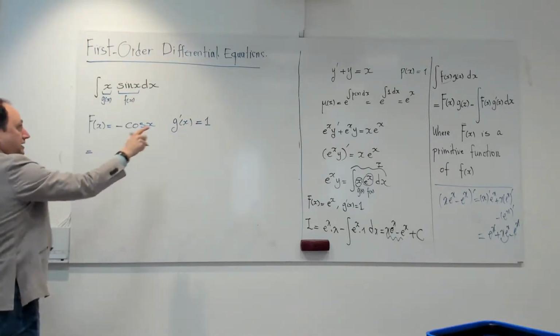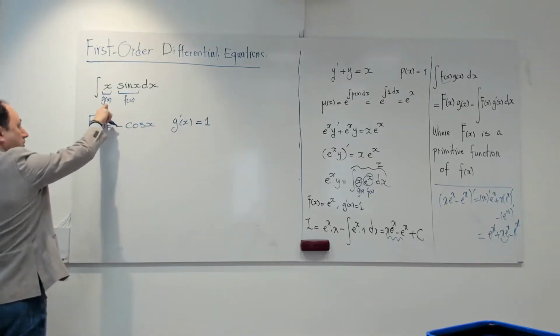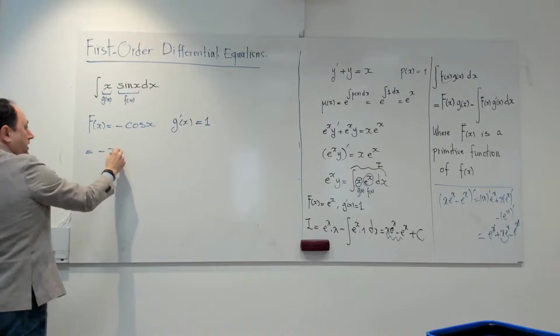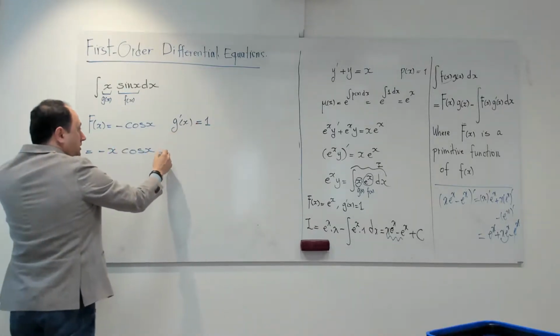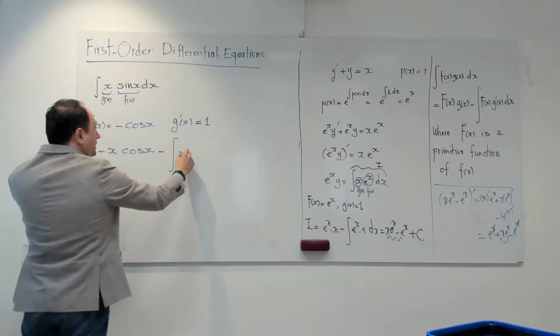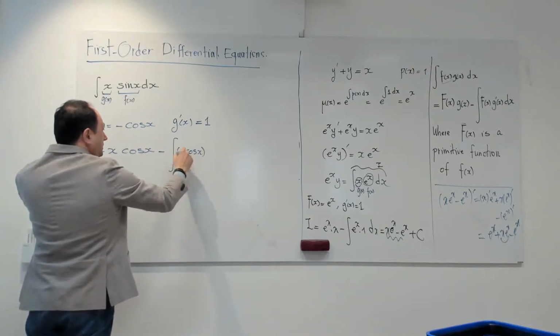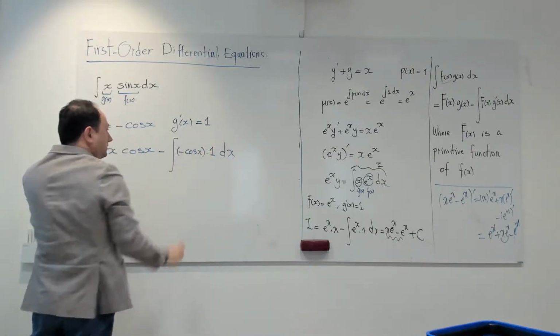So the formula tells you capital F, which is this one, multiplied by little g, which is this one. So it becomes minus x cosine x. And then minus the integral, capital F is minus cosine x, times g prime of x dx.